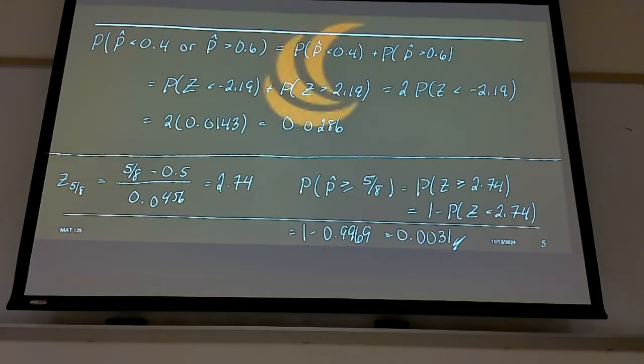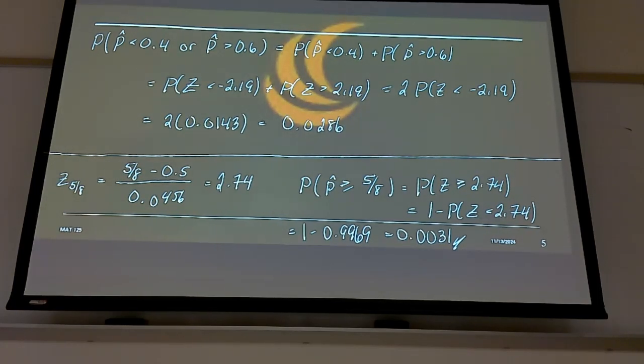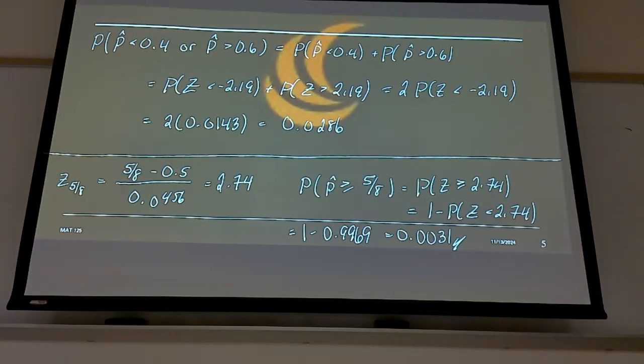How did you get that? That was after subtracting from 1. The percentage or the actual 0.0031? To find the percentage, I just multiply that by 100. Oh, okay. So I observed one thing.